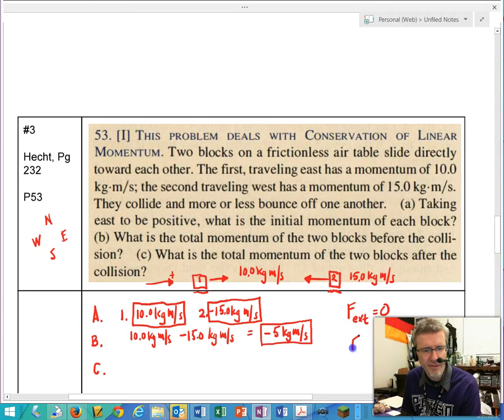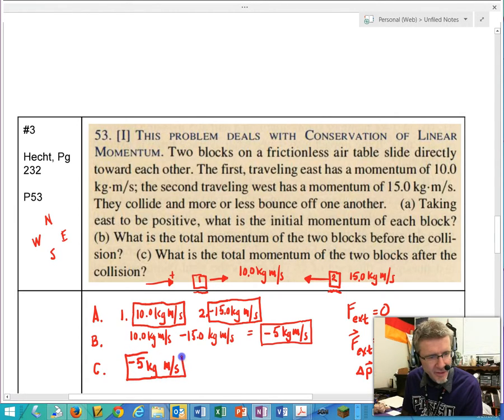Because there's no external force, which is the only way you can get a change in momentum, the change in momentum equals 0. So total momentum before equals total momentum after, so we have to have that same total momentum in the system, minus 5 kilogram meters per second.